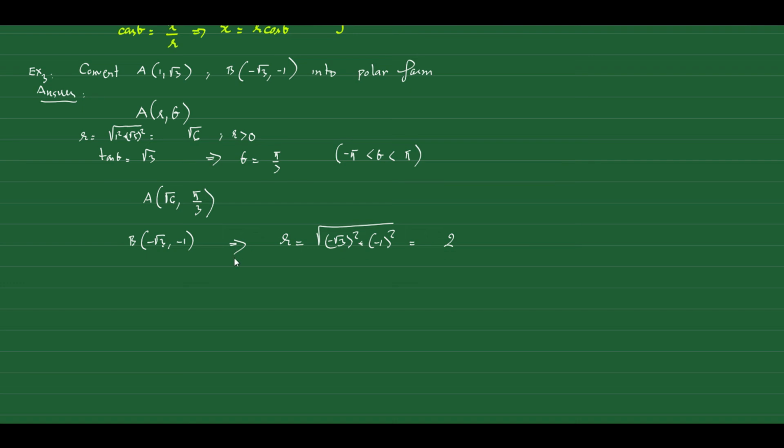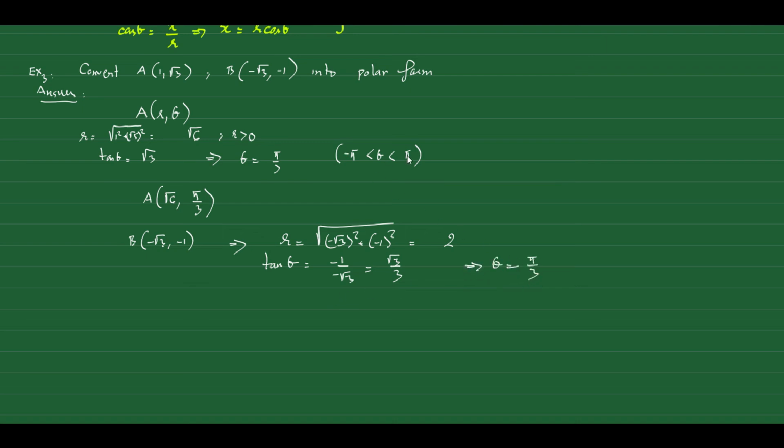It will be 2. And now tangent will be opposite over adjacent, negative 1 over negative square root 3, so square root of 3 over 3. So it will be pi over 3. So theta is pi over 3.